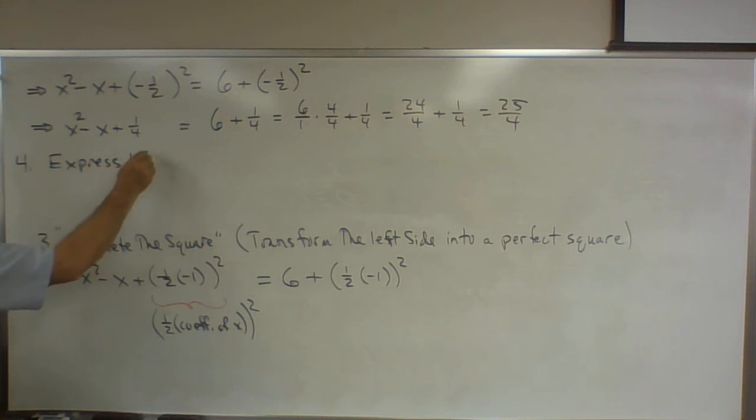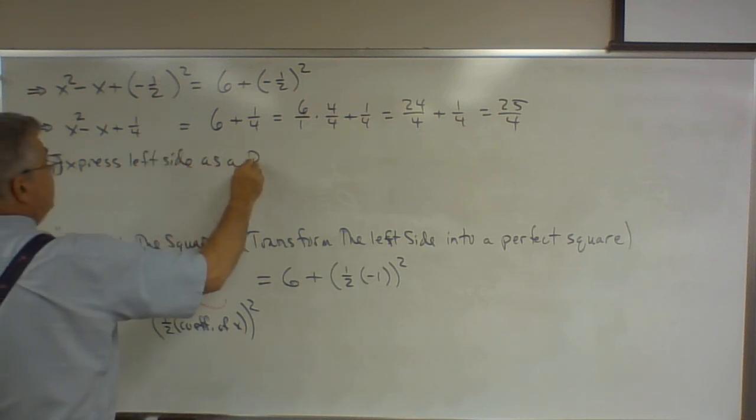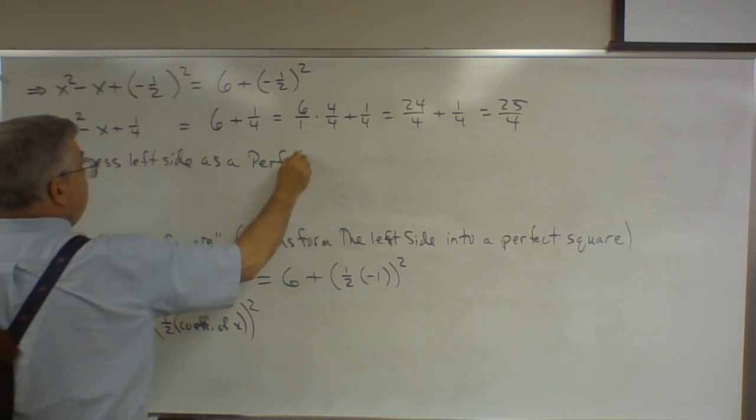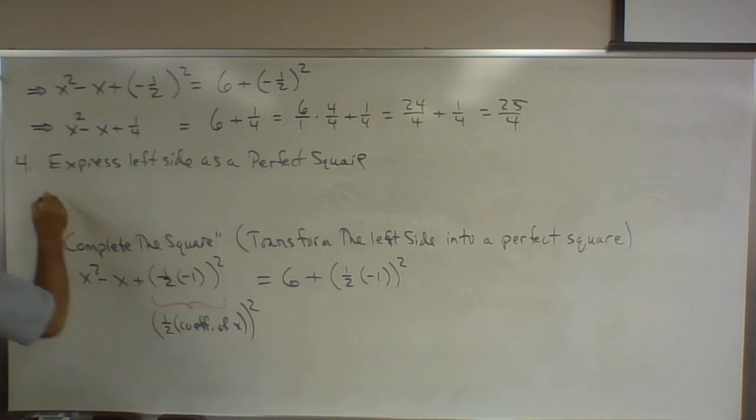Express the left side as a perfect square. So we're going to have x, and because this is a minus, we're going to have a minus sign.